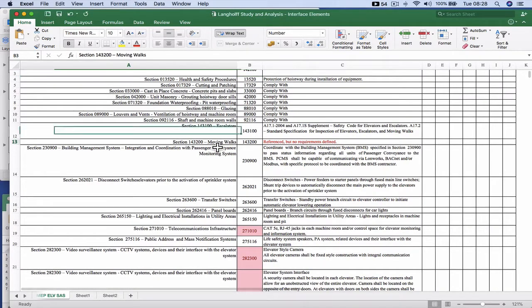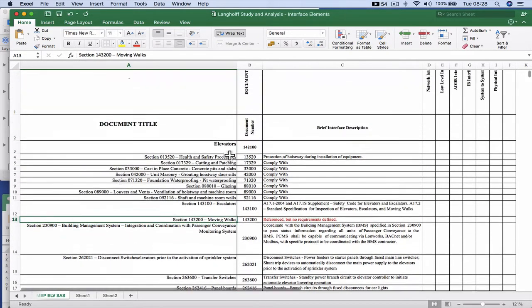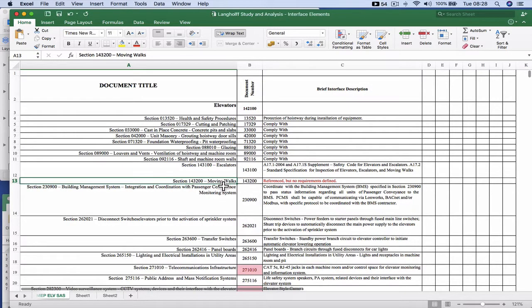So here they have an interface somehow between the elevator and the moving walkways. So it's referenced, but we don't have any requirements for that. So while you know you have an interface, it's something that has to be defined later. So if you're just starting your job, this may be a topic for a site clarification request.